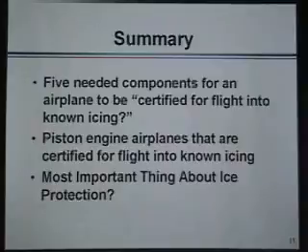Second thing you're going to need is ice protection, instead of trying to say anti or de, I'm just going to say ice protection. You're going to need ice protection systems for the airfoils, that is for the wings and the horizontal and vertical stabilizers. We're going to call the vertical stabilizer an airfoil. So you're going to need an ice protection system, de-icing or anti-icing, for all of the airfoils on the airplane.